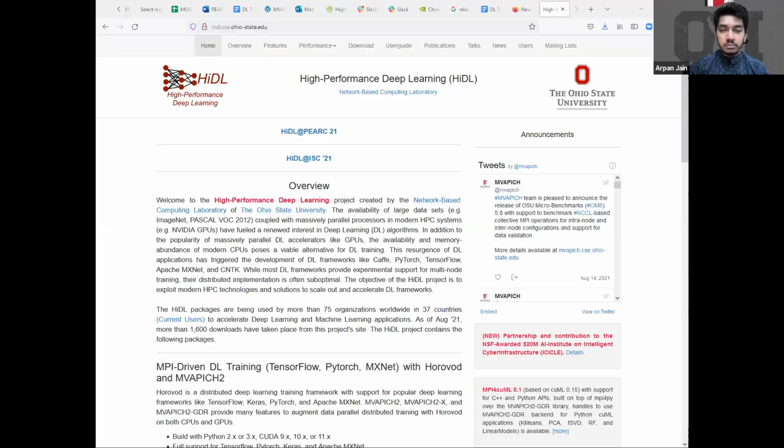If you go to any of these pages, you will get all the details, user guides, and all those things. I have just shared a user guide for Horovod on the Ideal website. Here we have the detailed instructions to install PyTorch and TensorFlow with Horovod, and you should be able to install them very easily. This is the high performance deep learning website, and it has all the information.